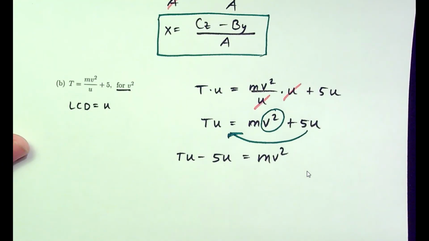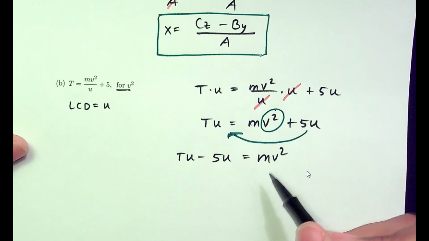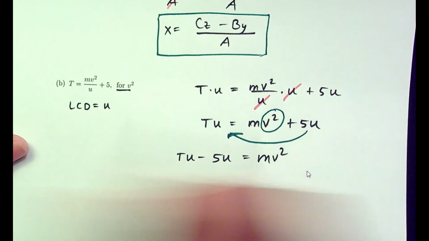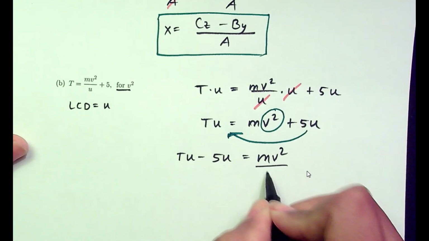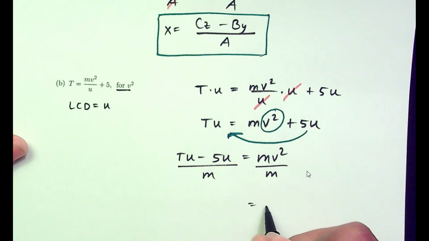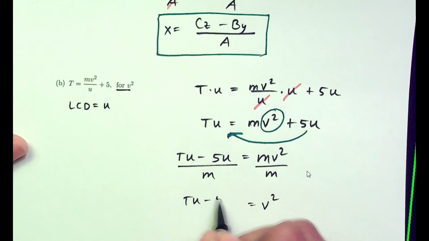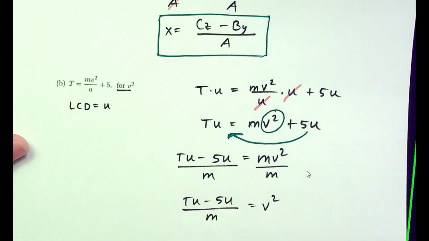And then lastly, to get v squared all by itself, I need to get rid of the m, and to do that you just divide by m. So v squared equals tu minus 5u, all over m. And that is the answer.